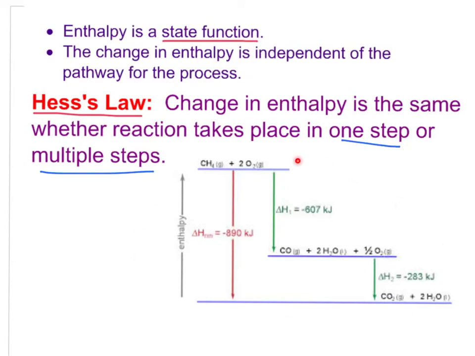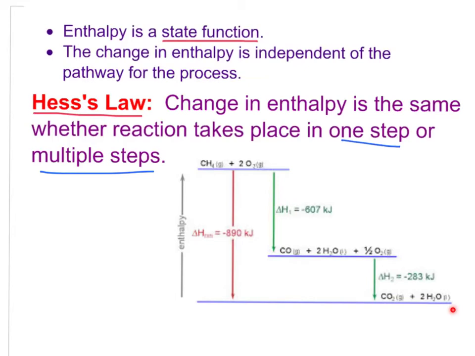If we have an overall reaction where we have methane and oxygen going to carbon dioxide and water, right here, the overall, the net enthalpy for that reaction is negative 890 kilojoules. We can also carry this reaction out in two distinct steps, where here's the first step with these products, and then the second step eventually gives us our ultimate products for the reaction.